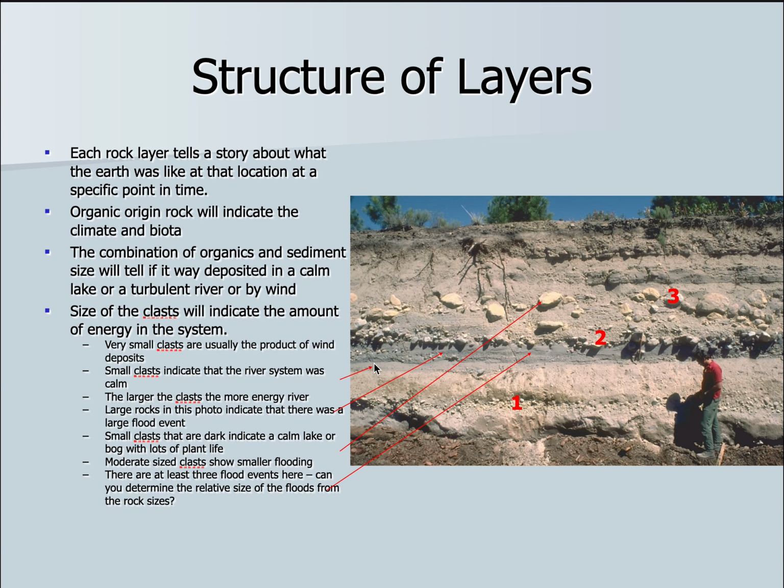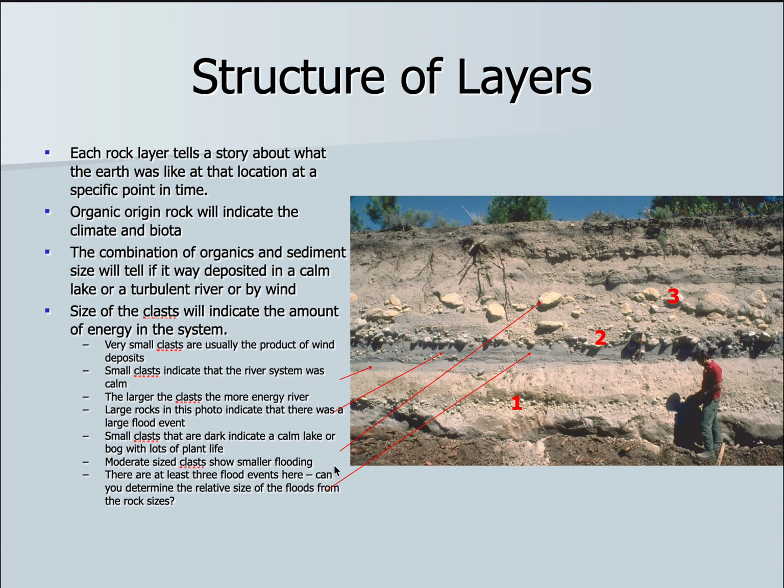We get a little bit larger sizes of material through here, and those sizes tell me that the river became a little bit larger. It had more capacity and capability to move more stuff and bigger stuff.